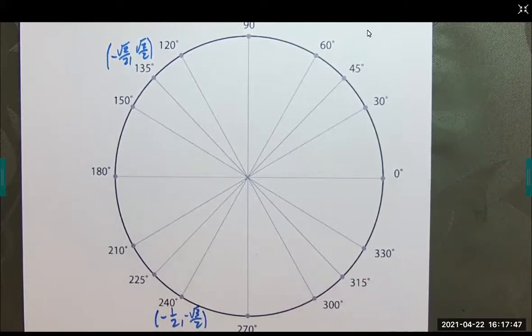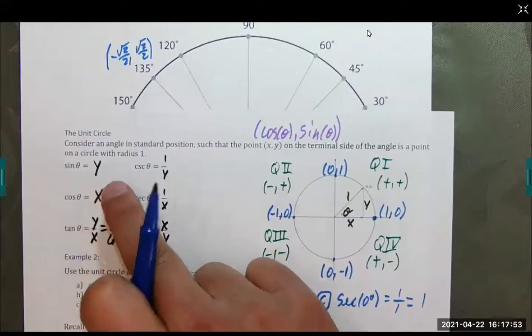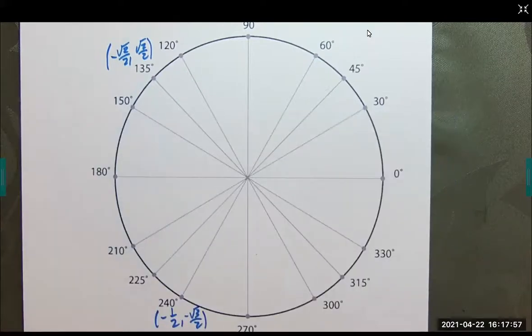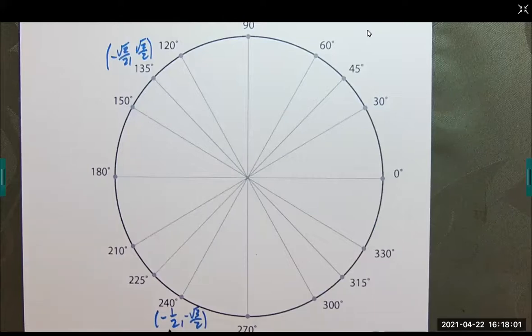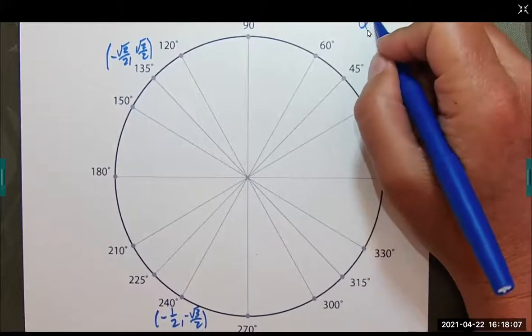So again, I'm using all of these triangles and using the idea that sine of theta is y and cosine of theta is x, the x coordinate. And I would recommend that you go through and fill this whole thing in. Pay attention to the signs, right? Quadrant 3, both x and y are negative. So I'll even draw that in here. Quadrant 1, everything's positive.